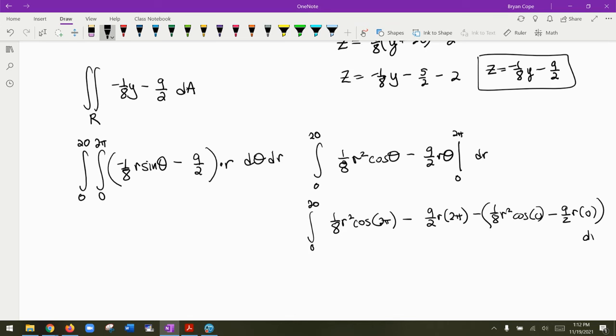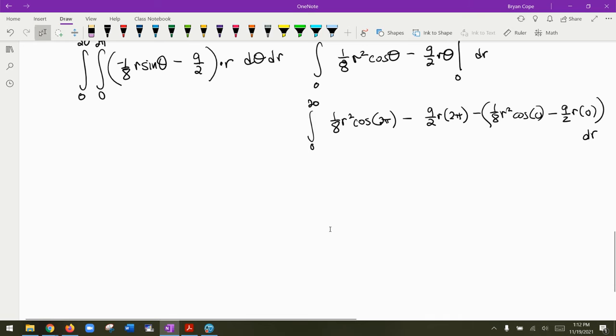So we've got the integral from 0 to 20 of 1/8 r squared minus 9r pi minus 1/8 r squared. Oh, that's interesting. Okay, so those are gone.